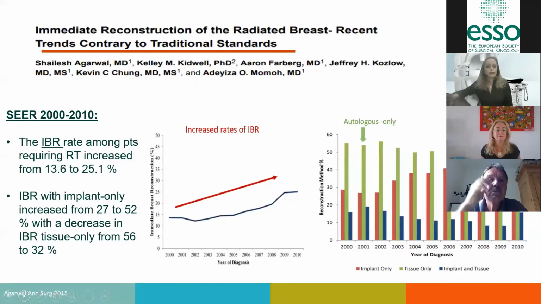However, a publication that was published in 2015 used SEER data from North America, from the US, and showed that we have increased rates of immediate breast reconstruction, mostly increasing rates of implant-based reconstruction, in patients who are planned for post-mastectomy radiation.